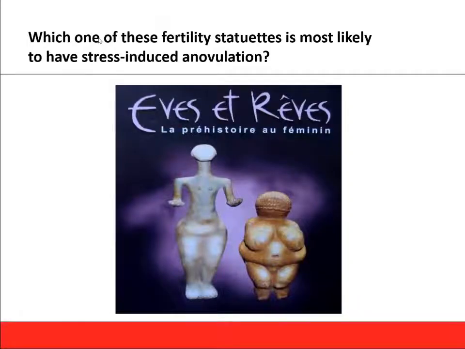So, which one of these fertility statuettes is most likely to have stress-induced anovulation? I would say that based on what we just talked about, either one of these could have it, and that the phenotype strictly doesn't tell you what the cause of anovulation would be.